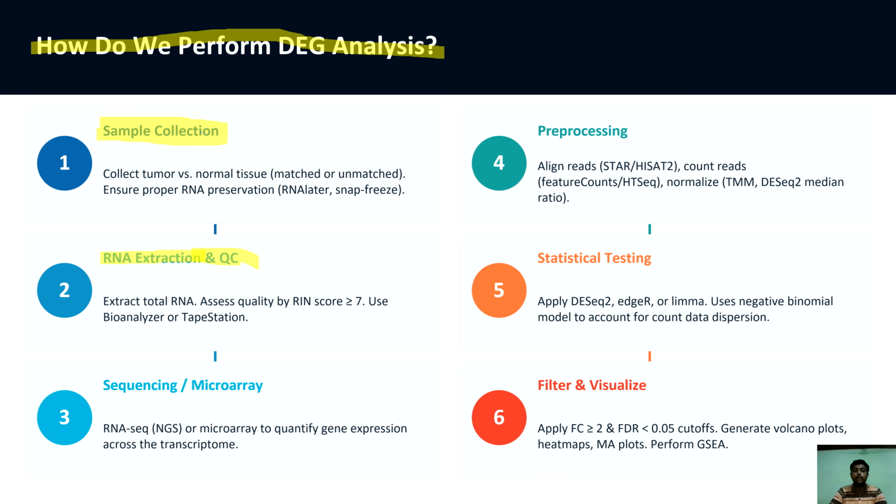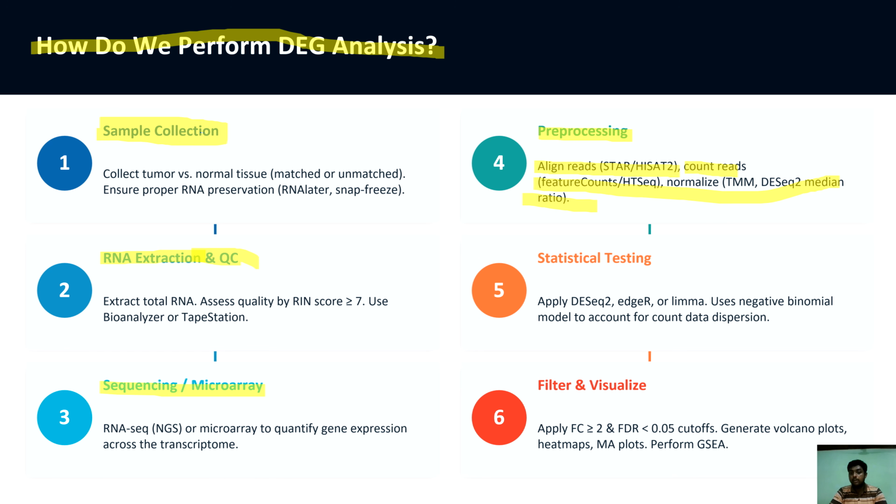Then for sequencing, we can generate RNA sequencing or microarray data, followed by the pre-processing steps, where we align reads with STAR and HISAT2, count reads with featureCounts, then TMM normalization methods are there for the pre-processing steps.